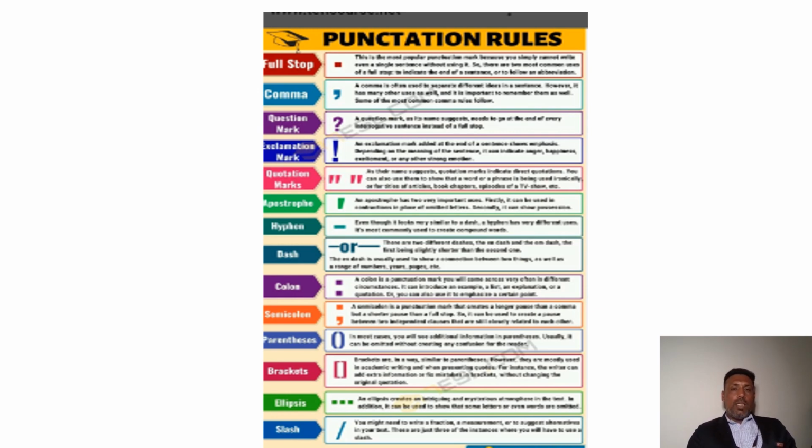The second one is also a very popular, commonly used punctuation mark, that is comma. Have a look at the rules. Where are commas used? Please read it. Question mark is one more commonly used punctuation mark. It is also called interrogative mark.